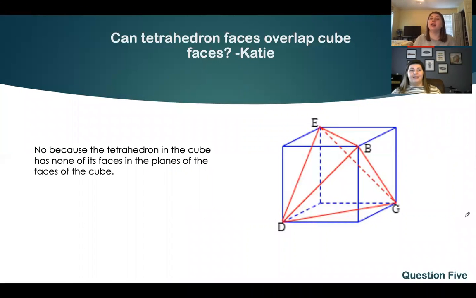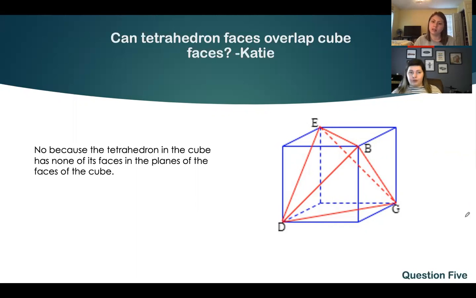Since we were talking about angles and shapes and everything like that, can a tetrahedron face overlap a cube face? So like in this image. In this image here, to clarify, the blue is a cube, a box, and the tetrahedron is the pyramid shape there that is in the box.